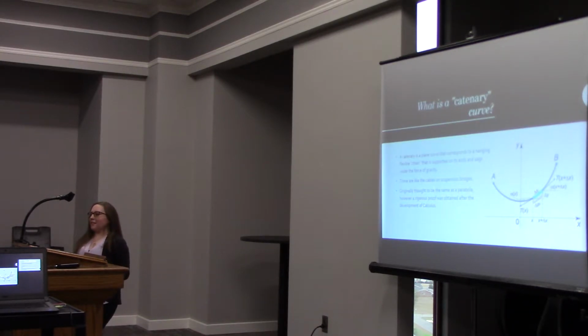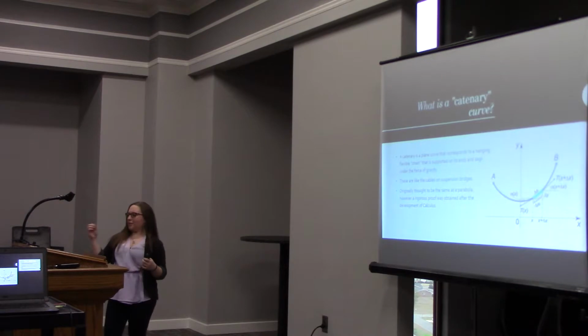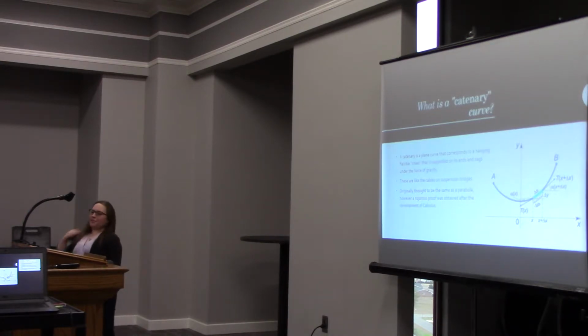The really cool thing about this is that if you think about it as a chain, each link in that curve is going to have the same forces acting on it, the whole curve, which is really, really cool. This is used in so many applications. If you invert this curve, you get arches. Like the main page was the St. Louis Arch.